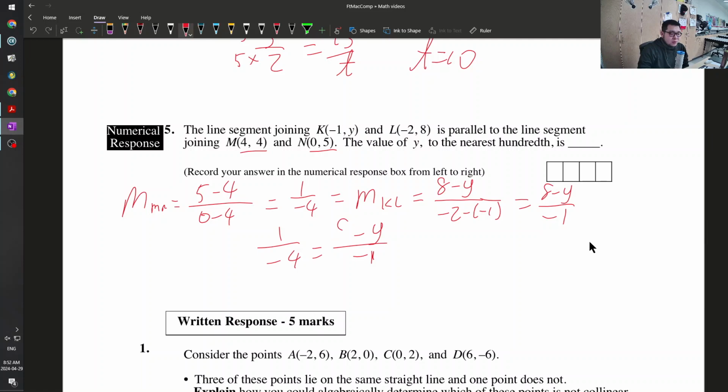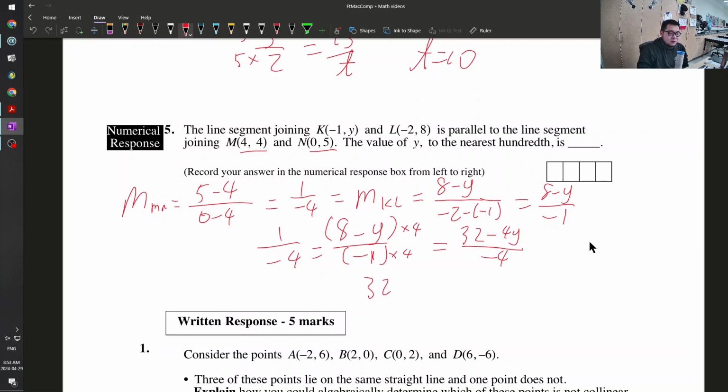Because we know the denominator of this is -4, I want to change this denominator also to -4, so we'll multiply the top and bottom by 4. 8 times 4 is 32. Negative y times 4 is -4y. So 1 over -4 is equal to 32 minus 4y over -4.